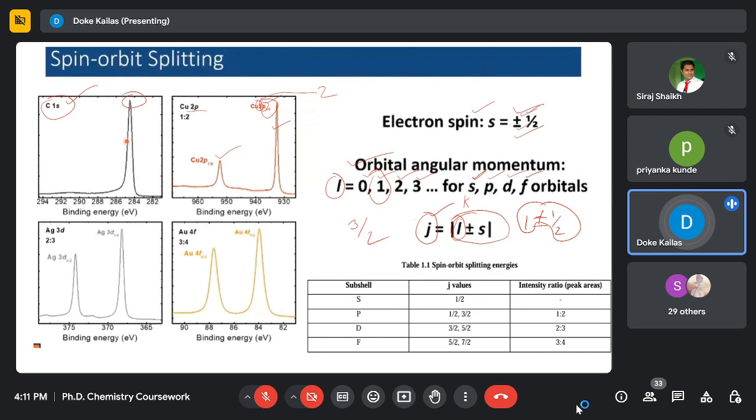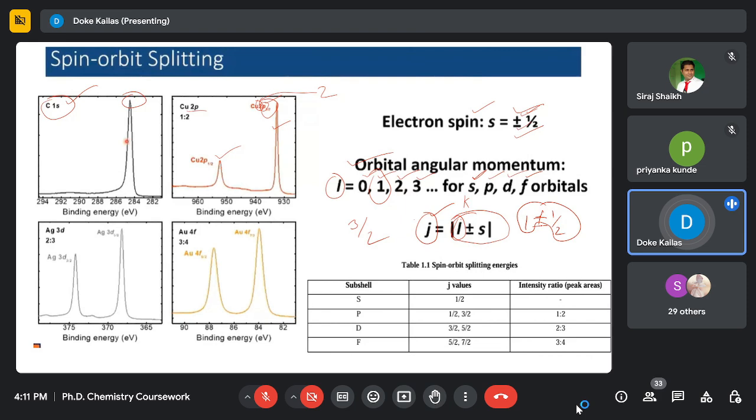So the ratio becomes 2:4, which is nothing but 1:2. So if this intensity is, for example, 500 counts, this should be 1000 counts. From that also we can judge whether this electron is 2p or 3p or 3d, whether it is coming from a p orbital electron or d orbital electron.